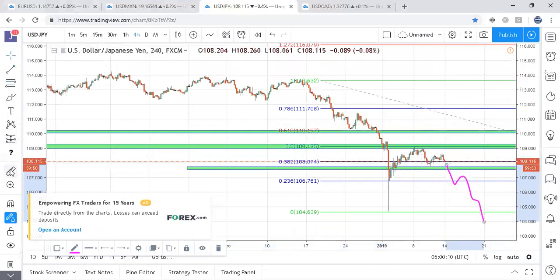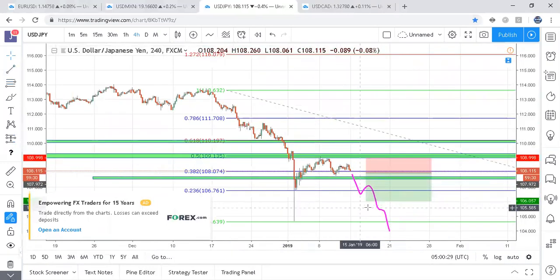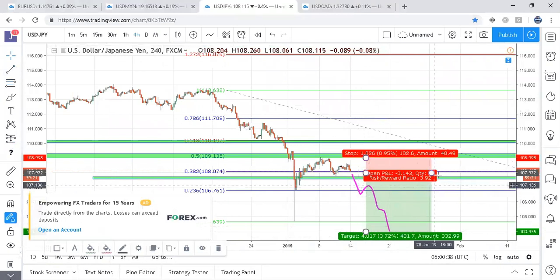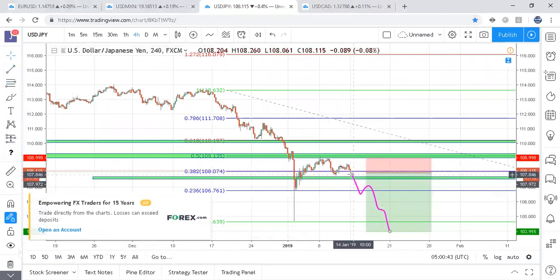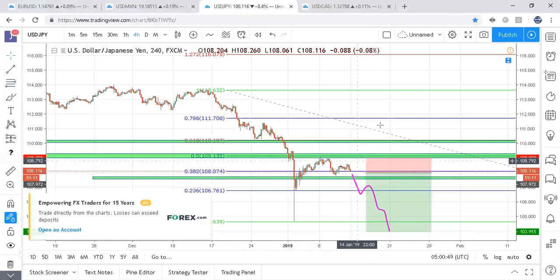And for that trade, same thing, 1 to 4 as well. If you're looking at entering around that position, if not, then you could wait.